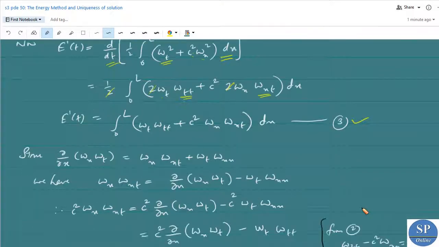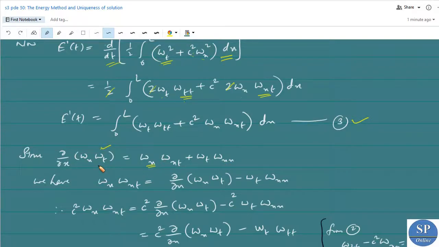Now we have dou by dou x of Wx into Wt, which is equal to Wx into the derivative of Wt, that is Wtx or Wxt, plus Wt into the derivative of Wx with respect to x, that is Wxx.